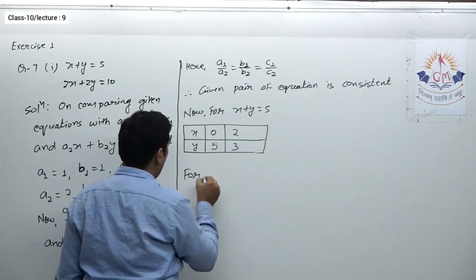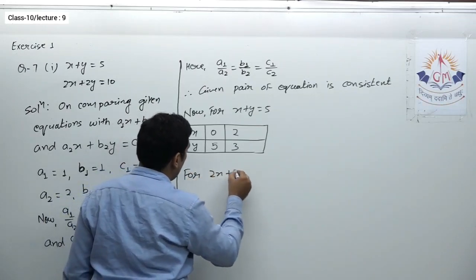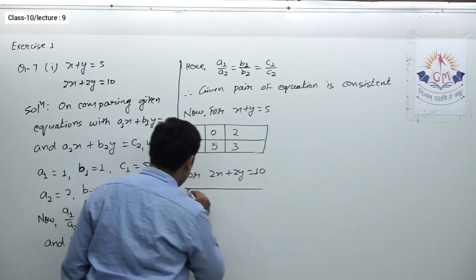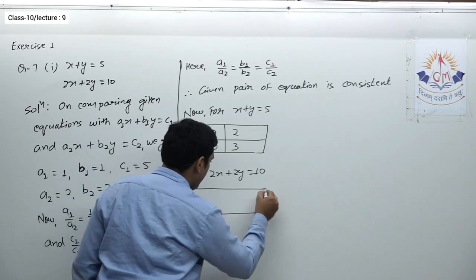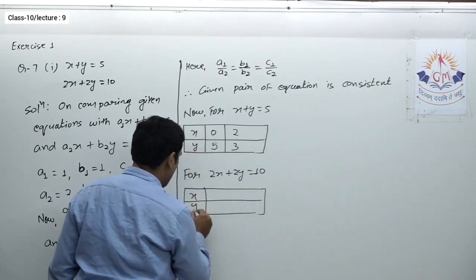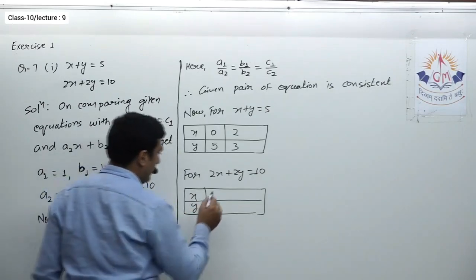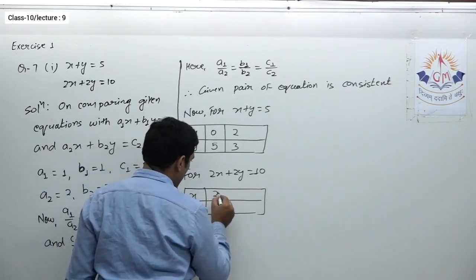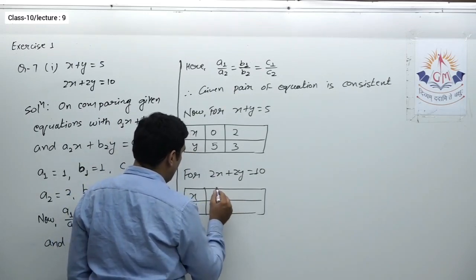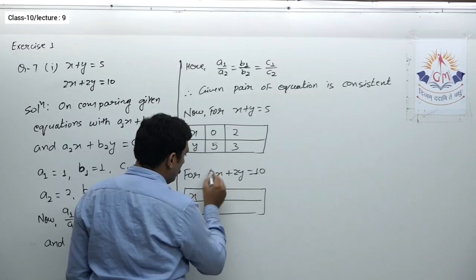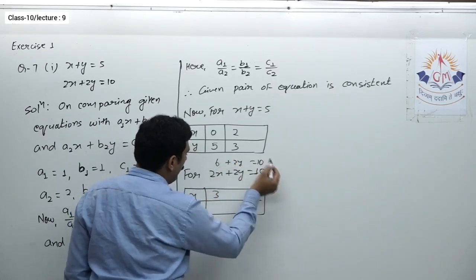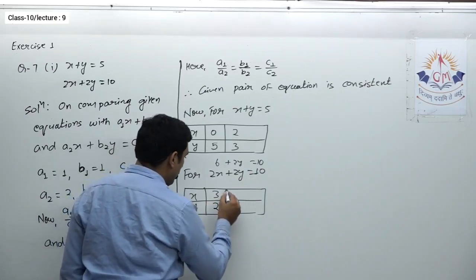Now for the second equation, that is 2x plus 2y is equal to 10, again we need to find two solutions. If I put x equal to 3, 2 threes are 6 plus 2y is equal to 10, so 10 minus 6 is 4, so y will be 2.